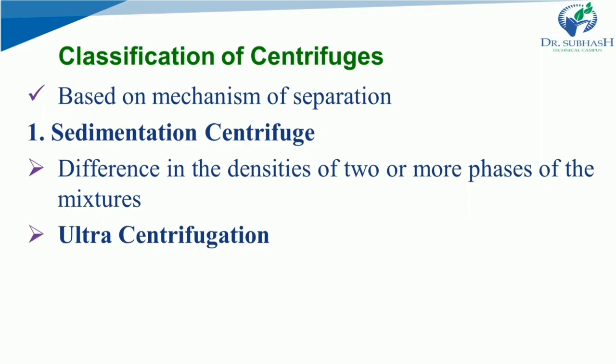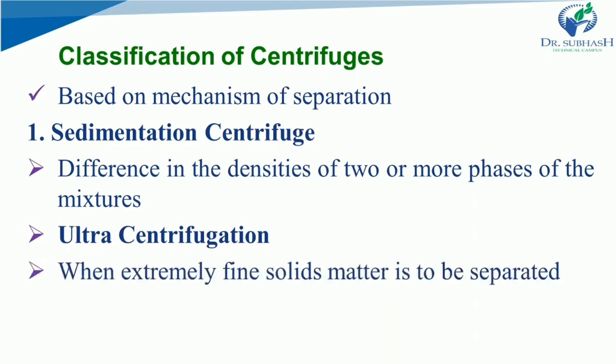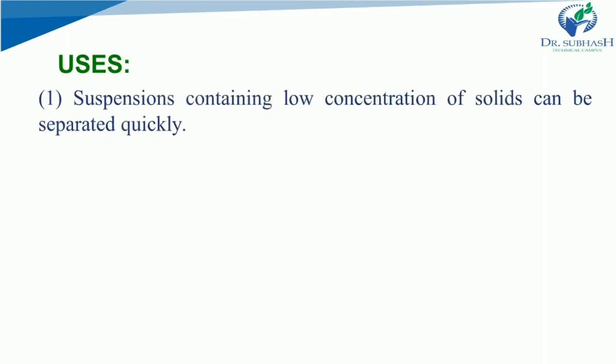In ultracentrifugation, you try to get a more pure separation than with simple centrifugation processes or simple centrifuges. You get a purer result when extremely fine solid matter needs to be separated. What are the uses of these both? First, suspensions containing a low concentration of solid can be separated quickly.